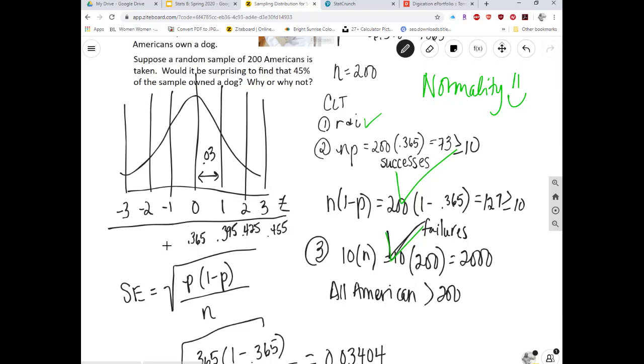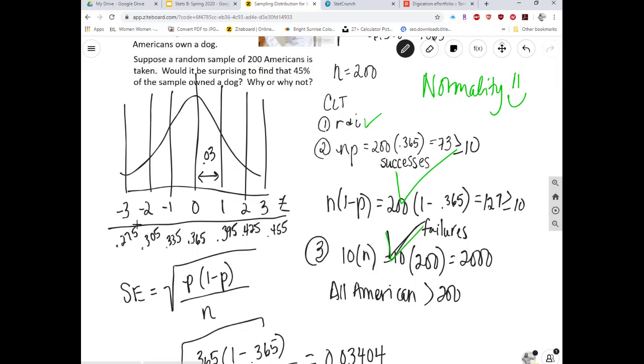In the other direction, I get 0.335, subtract 0.03 again, I get 0.305, and one more time, I get 0.275. Perfect. There's my model.